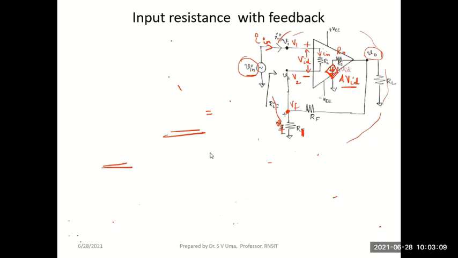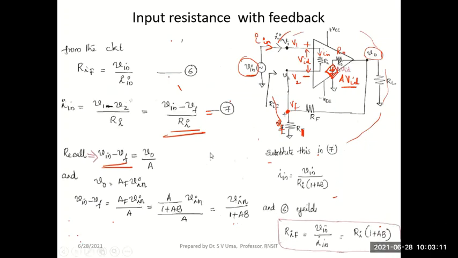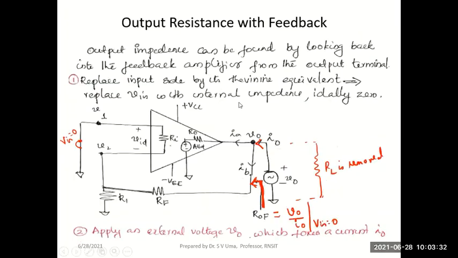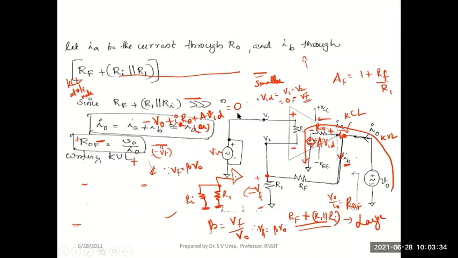We also showed that the input resistance of the non-inverting amplifier increases with feedback. We showed RIF is equal to Ri into 1 plus A beta. So please remember that input resistance increases with negative feedback in a non-inverting amplifier and the output resistance decreases with negative feedback.